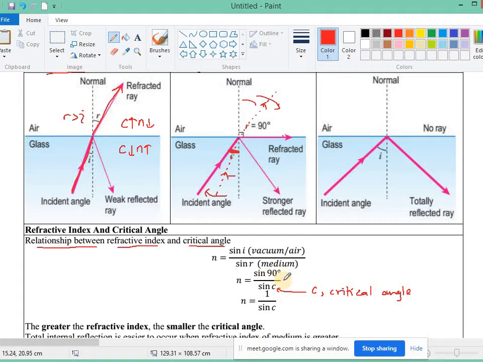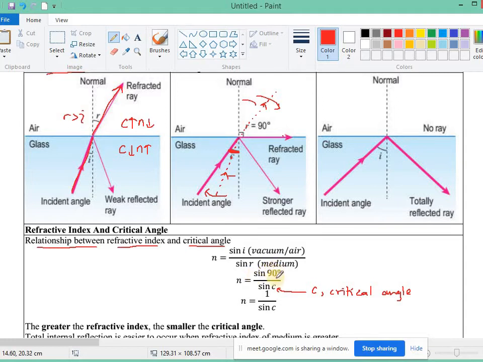We discussed this previously, that in sine i over sine r, although i is the symbol for incident angle, this angle i must be the angle inside vacuum or air. And although r stands for refracted angle, this angle must be the angle inside the medium.